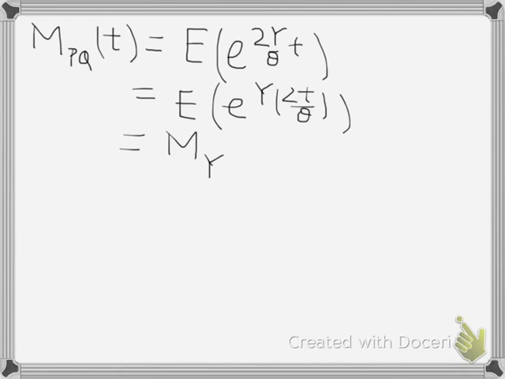So basically t has been scaled up: instead of t, what I have is 2t over theta.